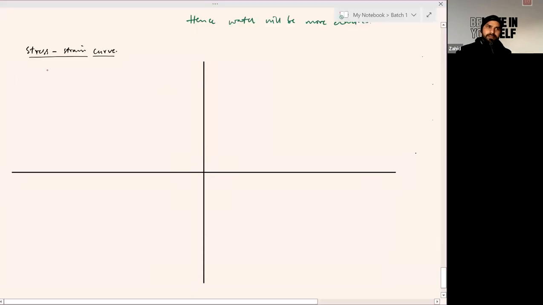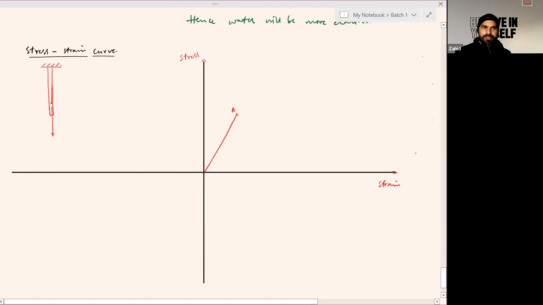Suppose there is a rod attached to a vertical support like this, and a deforming force is applied along this direction to elongate it. In the first part, if you apply stress to reach this point A, this is the applied stress, and this is the corresponding strain developed in it.